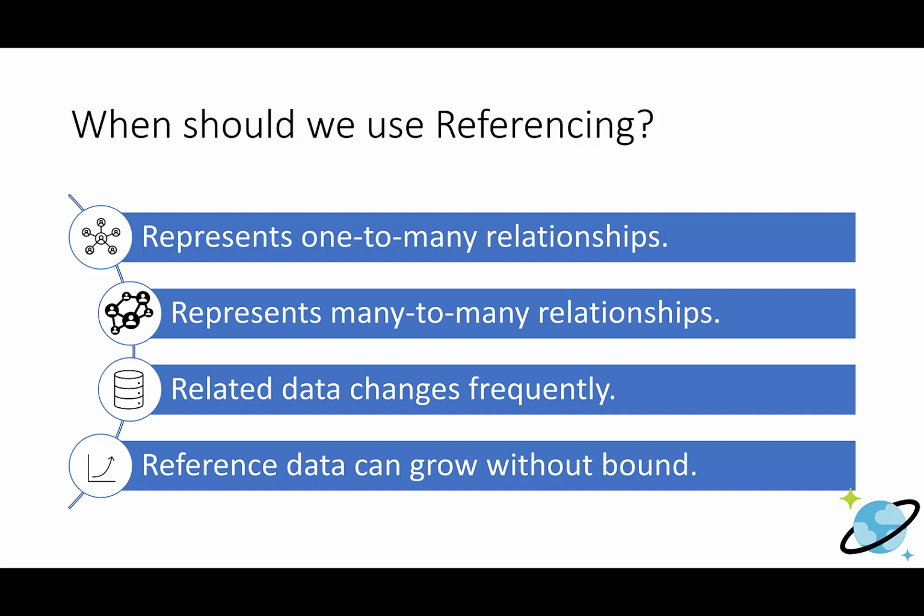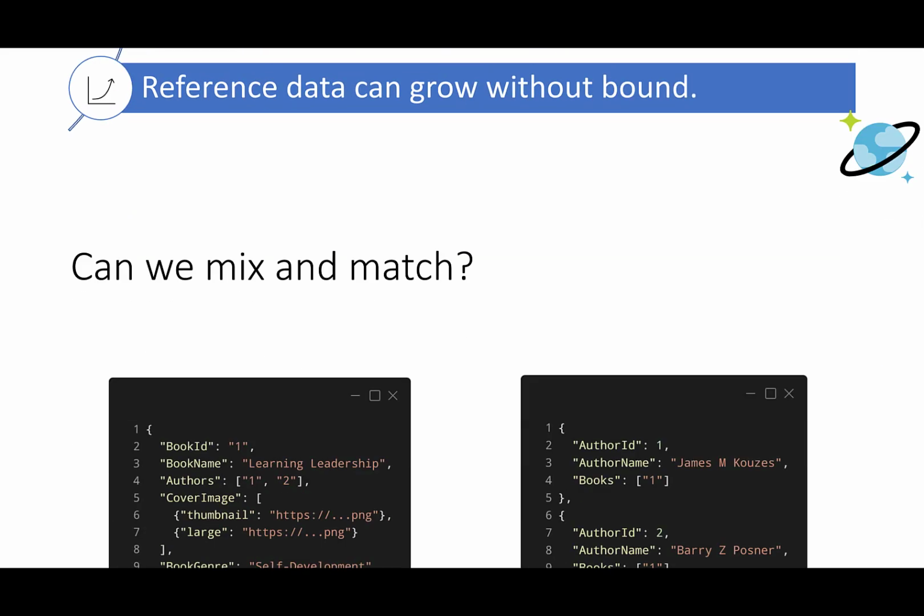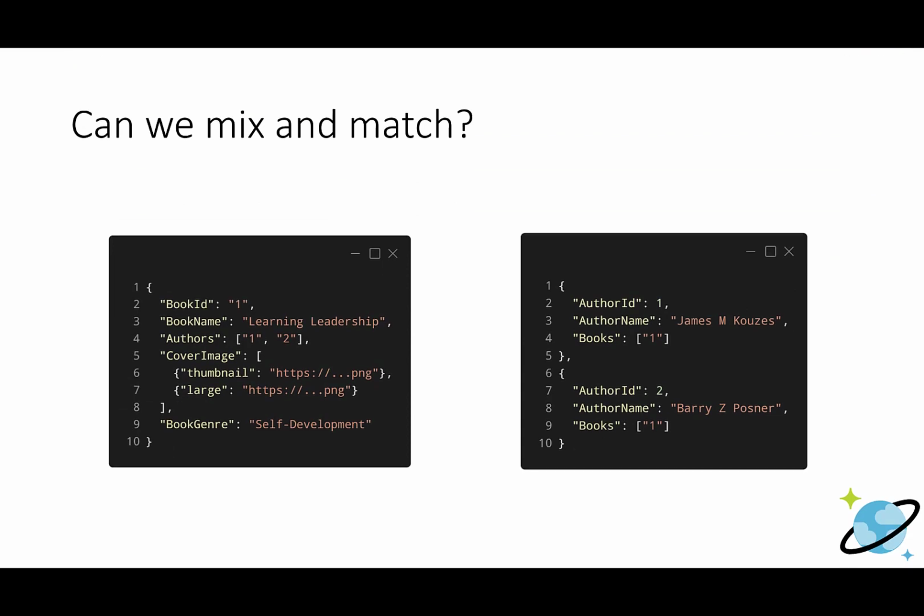Of course, thanks to the schema-agnostic nature of Cosmos DB, we aren't limited to choosing one approach. We can actually use a hybrid of both embedding and referencing depending on the nature of our data. So take the following example. Here we've got a book document that embeds data that's storing information about our cover image of a book, and then uses referencing to reference the authors of our book.